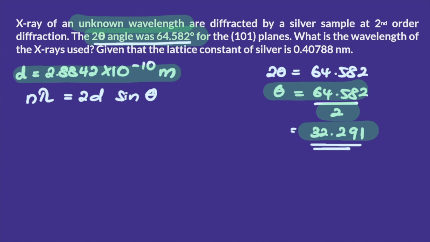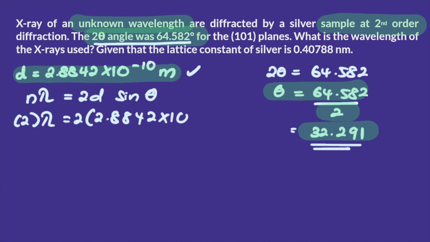Alright, and in the question it is also given that the sample is at second order. So your n is 2. Your lambda is the one that you want to calculate. Your d is the value that you have just calculated, times 10 to the power of negative 10. Make sure that this one is in meter.